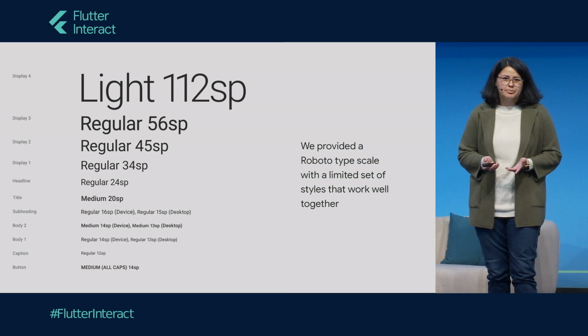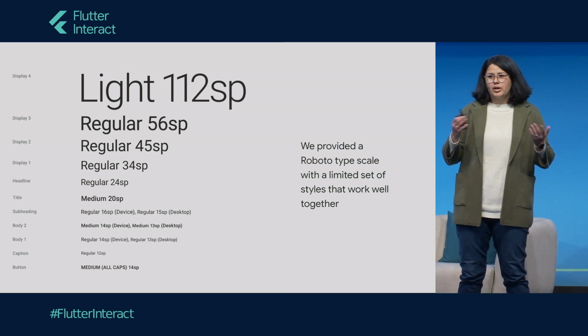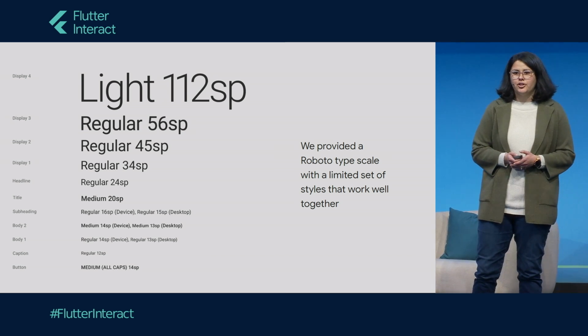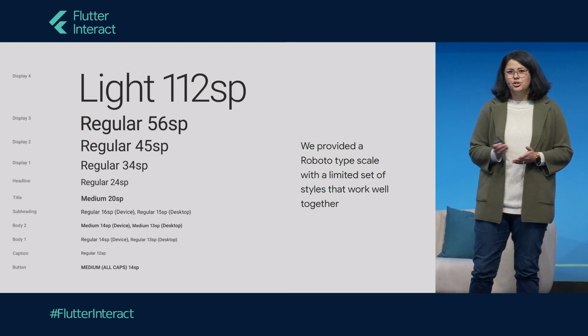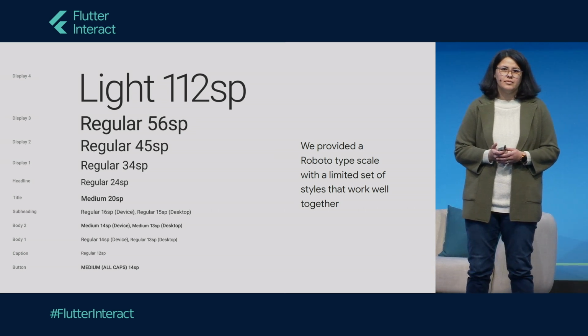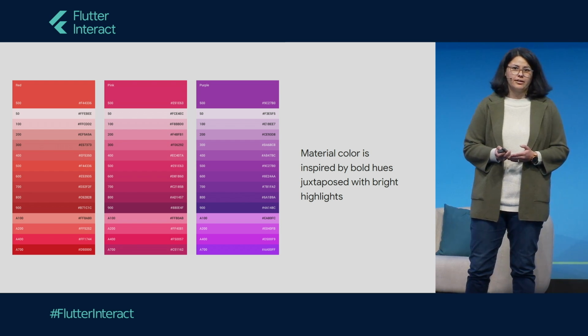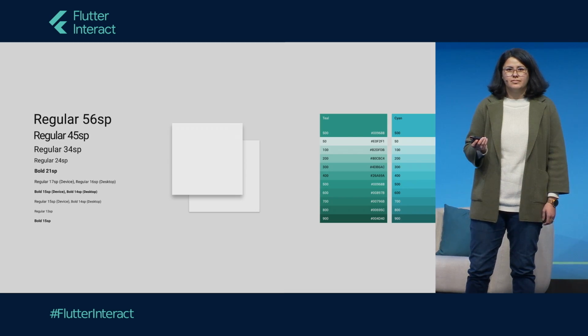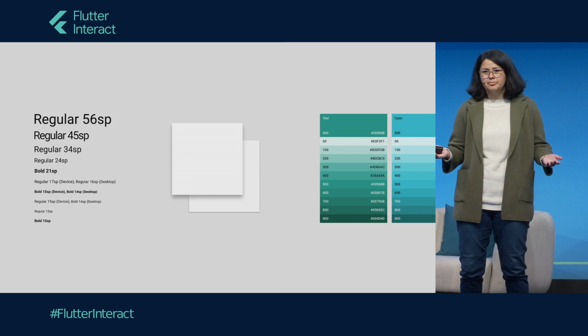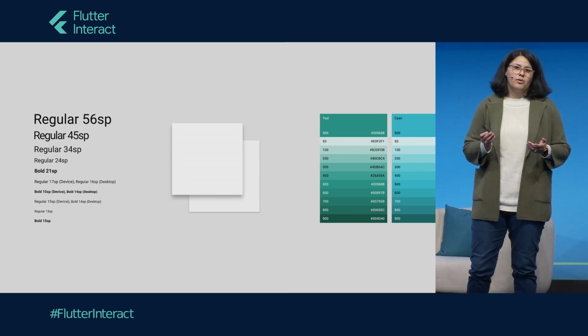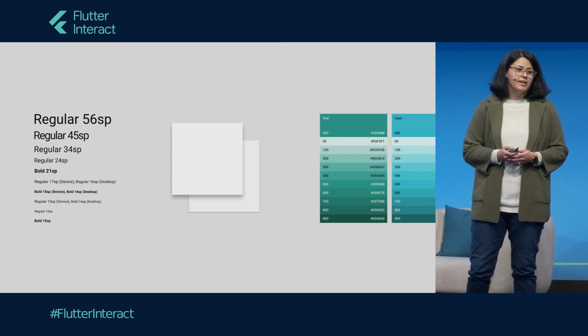We had the Roboto type scale, which created a nice hierarchy for your types to use throughout your products, and a color palette that worked well together. So we had the Roboto type scale, rules around surfaces and shape, and a fixed color palette.